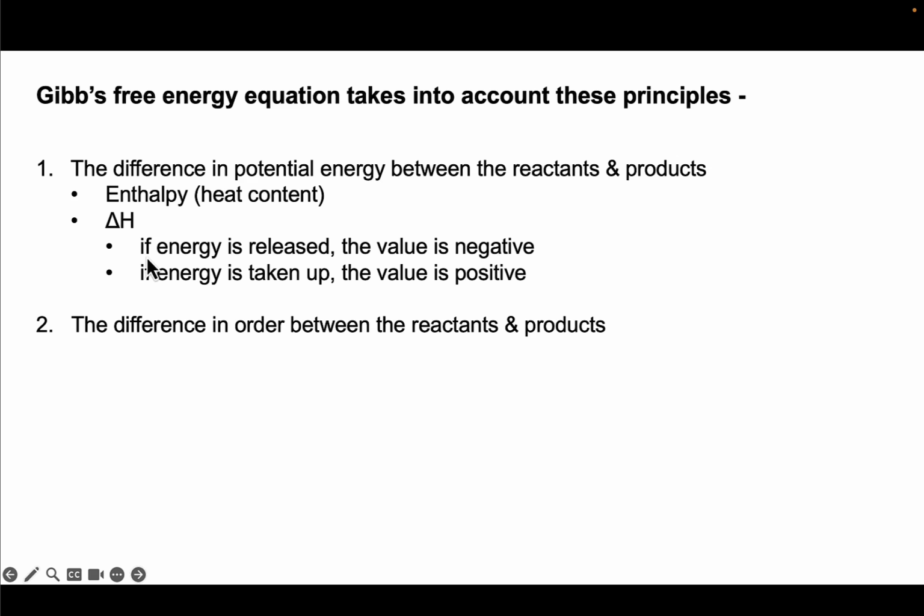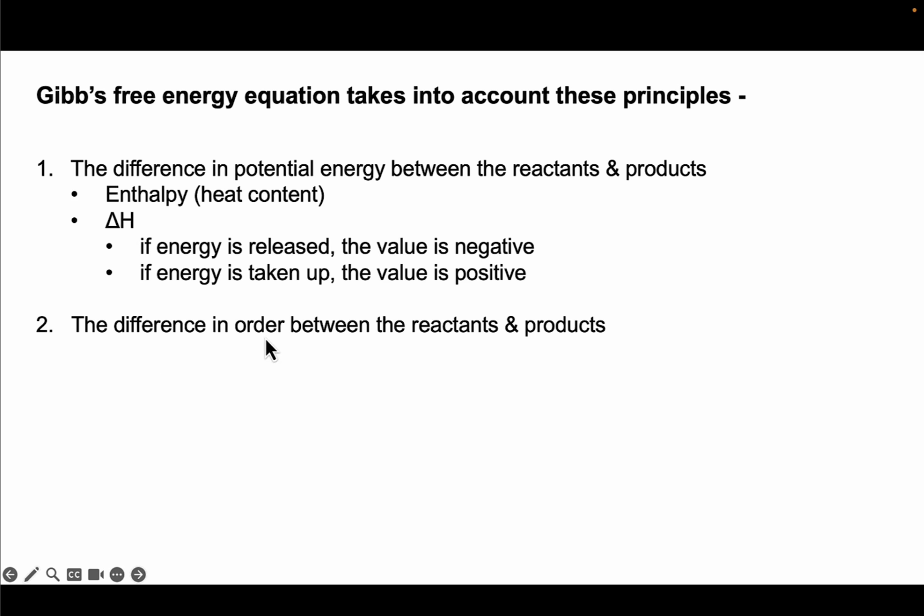If energy is released, then this delta H value is negative. If energy is taken up, if it requires energy, then this delta H value is positive. So if it's released in a reaction in a test tube, the test tube is going to get hot and the value of delta H is going to be negative because energy is coming out.